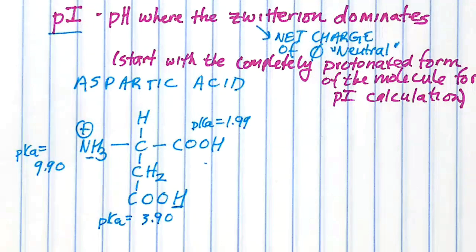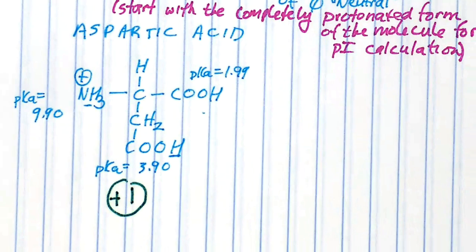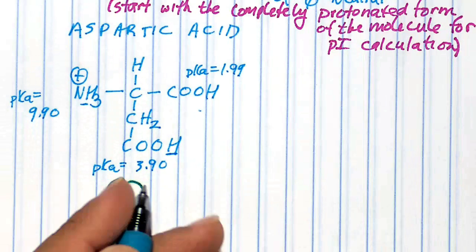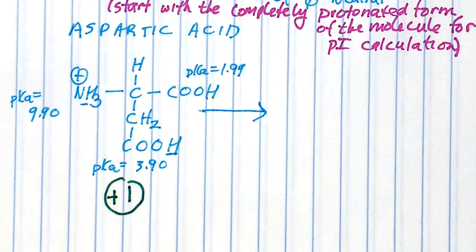So we want to figure out the isoelectric point of aspartic acid. First thing you want to do is determine the overall charge that you started out with, completely protonated. And the completely protonated form of aspartic acid has a net charge of +1. Now we just tick off protons one by one. So here is aspartic acid.